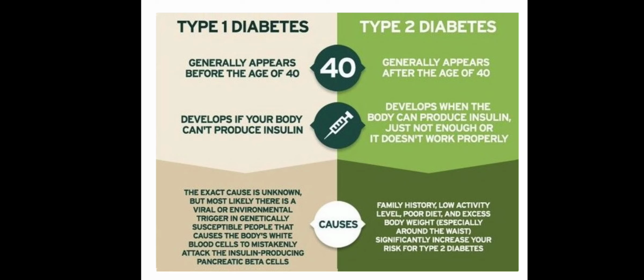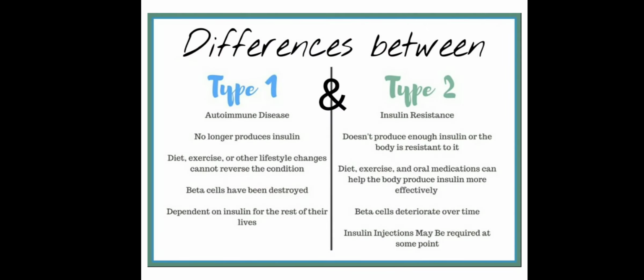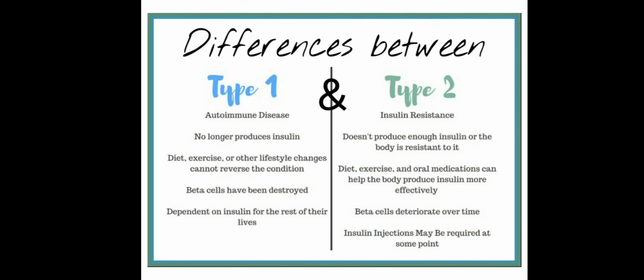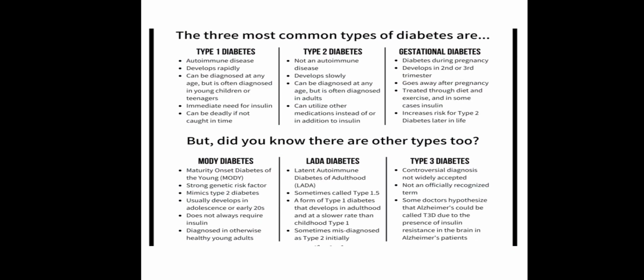Now, this is the basic difference between type 1 and type 2, as I am clearing with you. Next, some other types I am discussing with you, that is pre-diabetes. What is pre-diabetes? I'm going to the previous slide where I'm showing you the different types of diabetes.